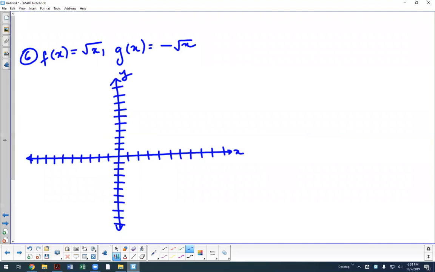And so the graph will look like 0, 0, 1, 1, 4, 2, 9, and 3, somewhere over there.